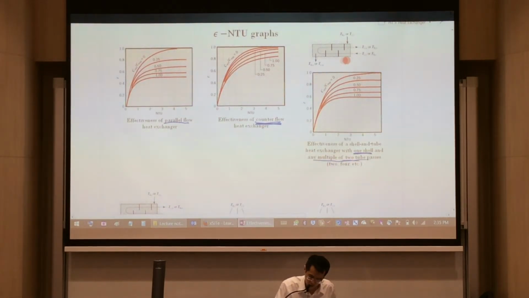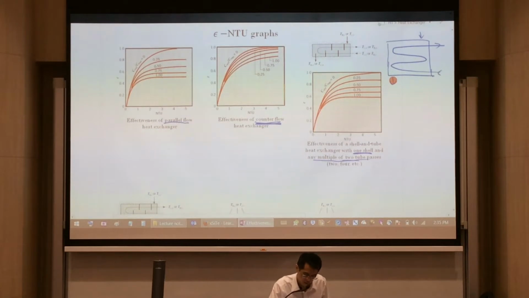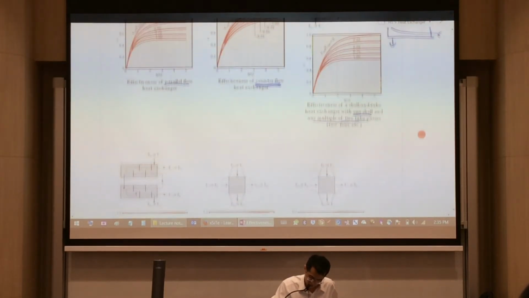So you can see here, there's only one shell and multiple of two tube passes. The next set is going to look like this: 1, 2, 3, 4, and you have your in and out of the shell. So that is the graph for one shell, multiple of two tube passes.